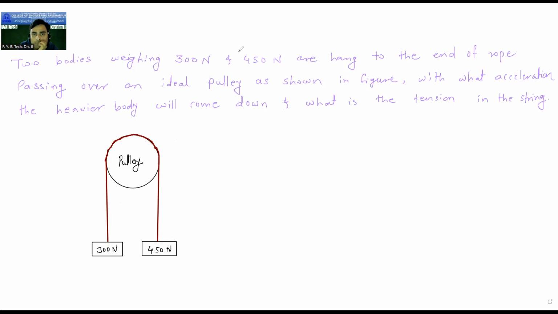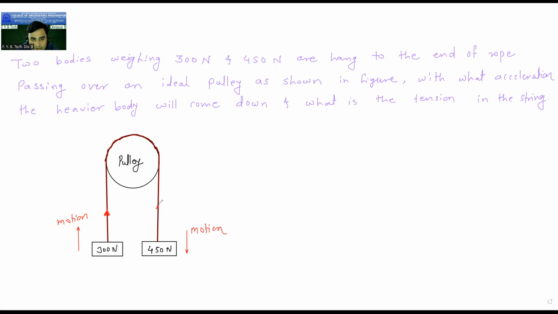If you see here, this is the direction of motion. This weight will come down, and this weight will move up because this is heavier. Also, there will be tension in the string. With respect to this weight, the arrow must be away, so this is the arrow showing tension.